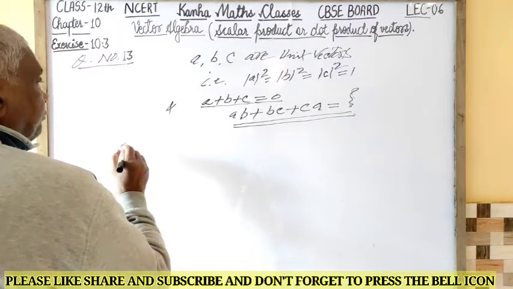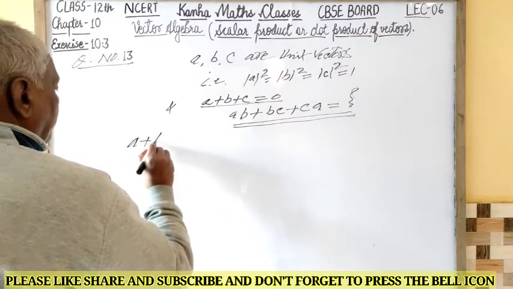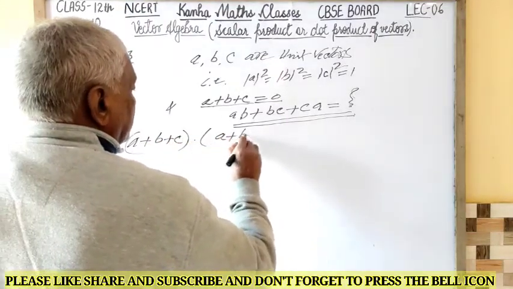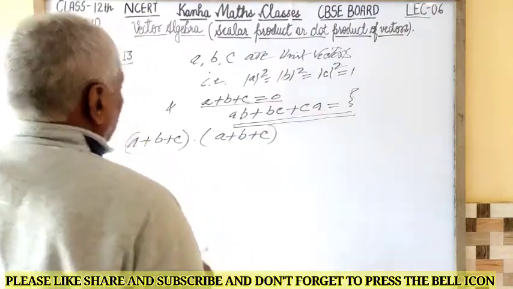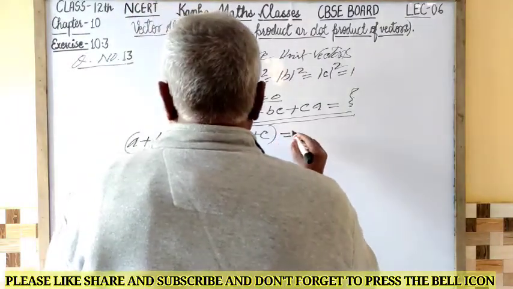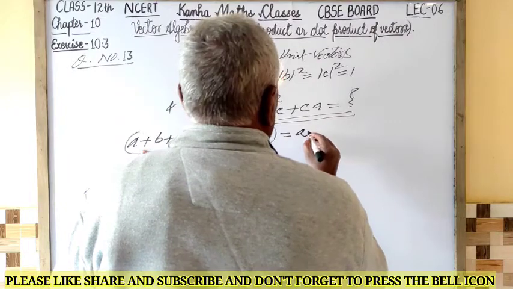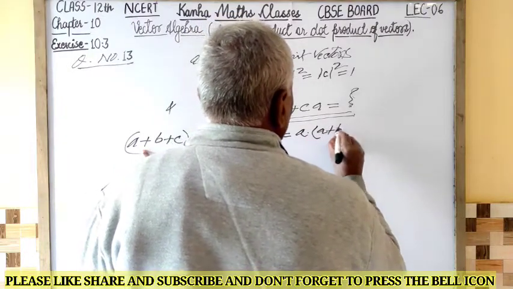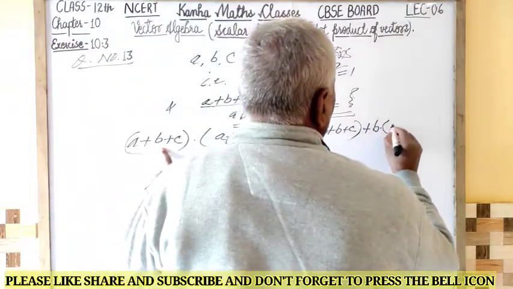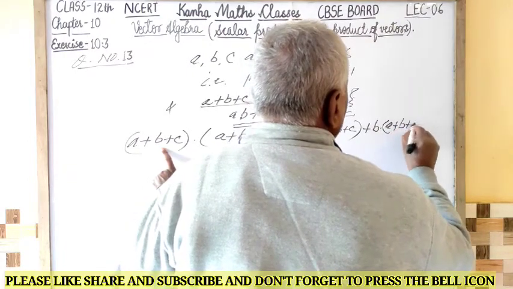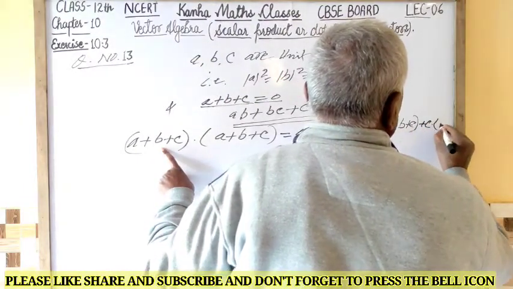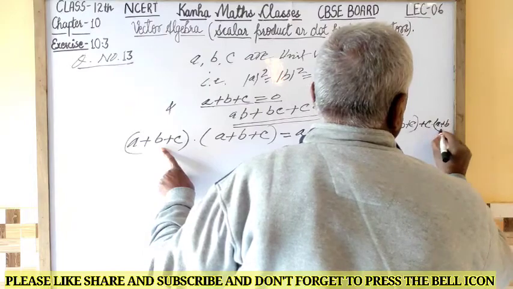Hence, we will find the dot product of A plus B plus C with itself, that is, A dot (A plus B plus C) plus B dot (A plus B plus C) and C dot (A plus B plus C).